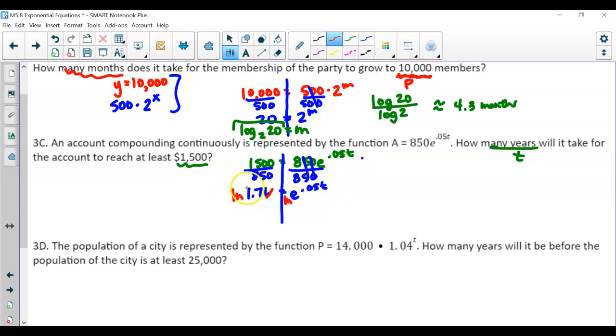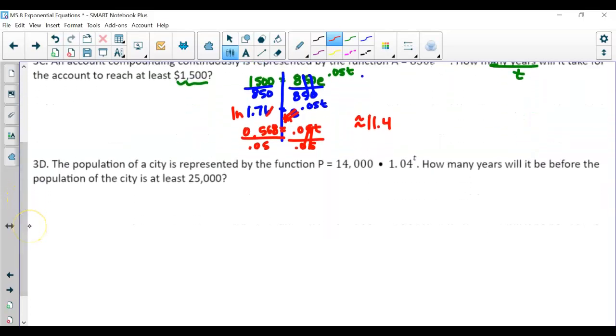So now here, right, this is not just 1.76, it's the natural log of that. So approximately 0.568 is equal to, bring down 0.05 t. Now divide by 0.05, because that's what's being multiplied to our t value. And you get approximately 11.4 years. So go ahead now, pause the video, and try this one on your own.